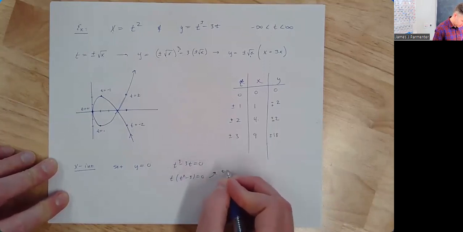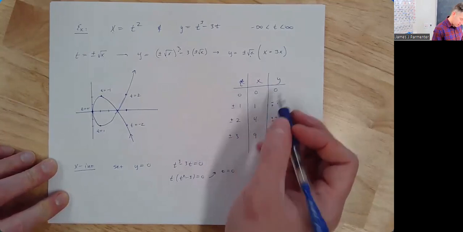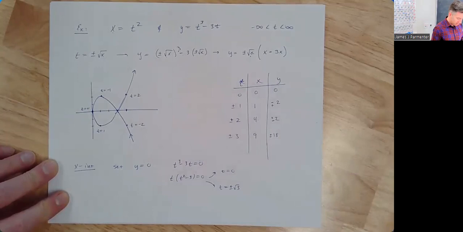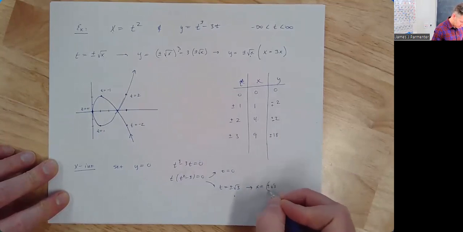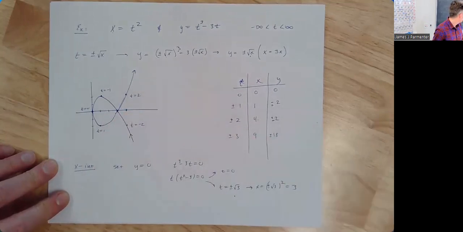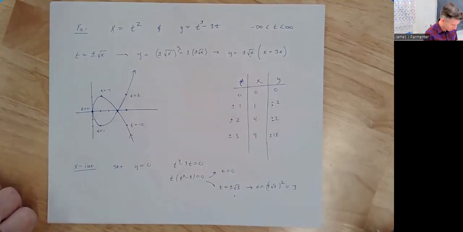So either t equals 0, great, we found that one, or t equals plus or minus the square root of 3. And if t is plus or minus √3, then x is going to be plus or minus √3 squared, which is just 3, which is exactly right there. So that's how I found it without showing the work.